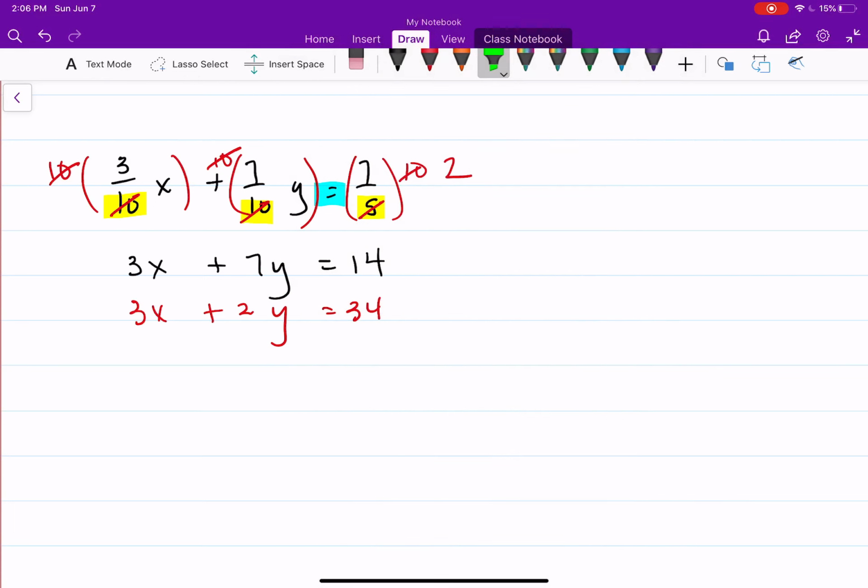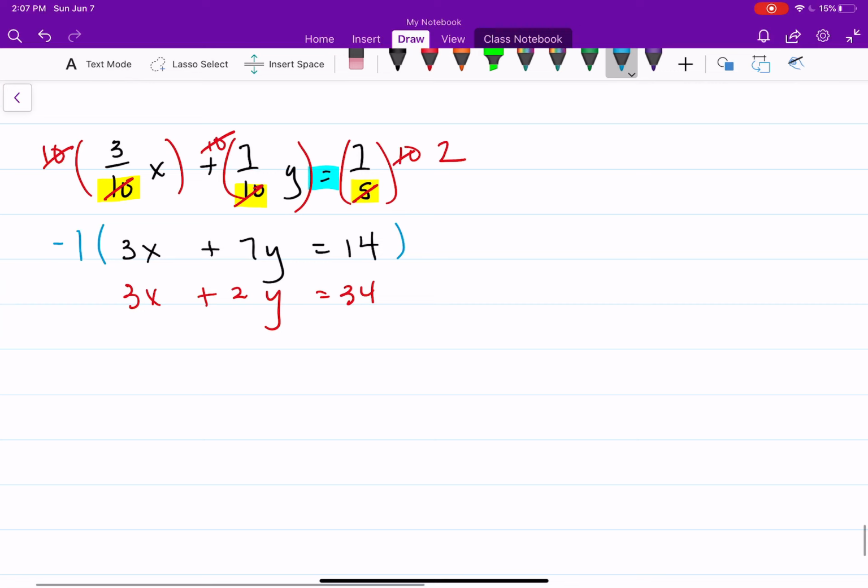So I need the coefficient, meaning the 3, to be the same, but I need one to be negative and one to be positive, so when I add them, it'll go away. It doesn't really matter which one I multiply. Let's say I multiply the top one by negative 1. Then I get negative 3x minus 7y is equal to negative 14, while the bottom one is just 3x plus 2y equals 34.